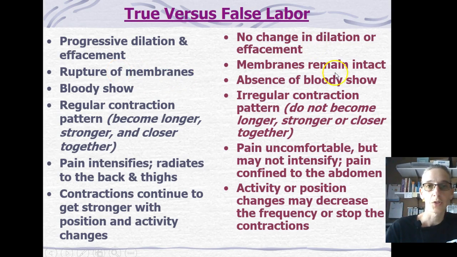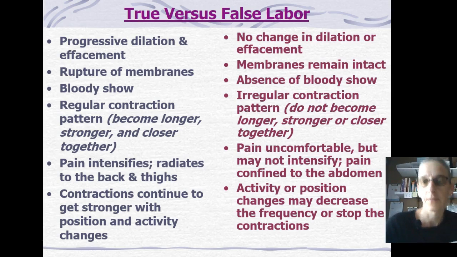Rupture membranes with true labor. The membranes may or may not rupture in false labor. True labor, we've got a bloody show. In false labor, we had the absence of a bloody show. Bloody show, if you don't know, is mucus, pink tinged mucus, basically. Some vaginal discharge. And you can see the rest there for regular contractions, irregular contractions.